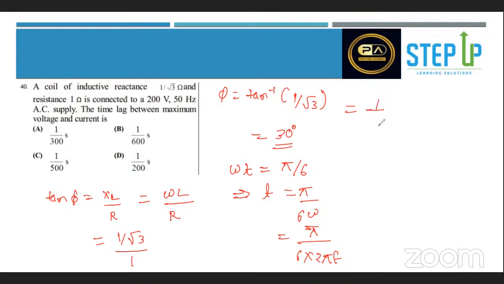So when we do this, we get 1 by 12 because pi gets cancelled. So I get 1 by 12 f. Now frequency is 50 hertz, so I can write it as 1 by 12 into 50. 12 into 50 is 600. So basically I get 1/600 seconds. Okay, so you just need to know which formula is supposed to be used. Things will become easier.